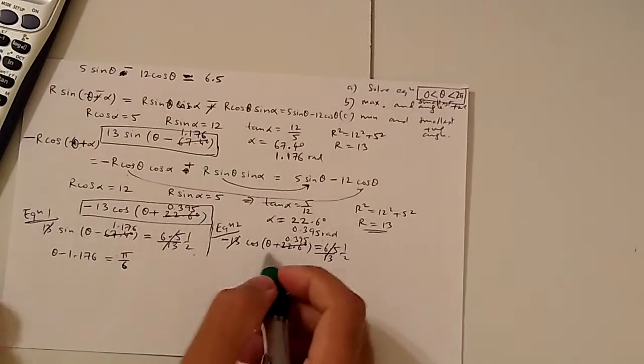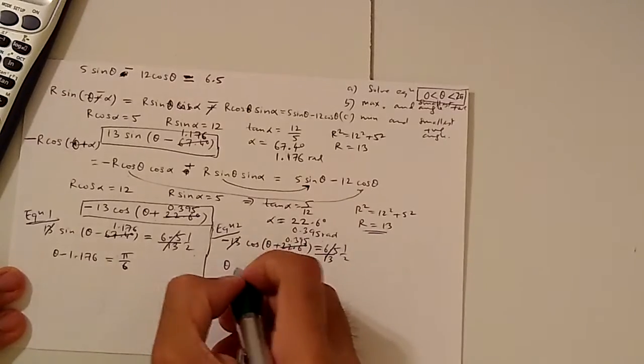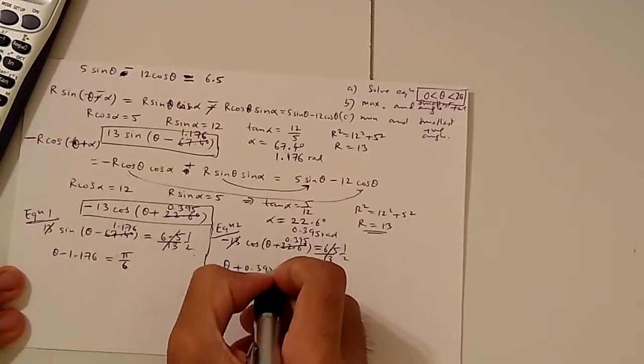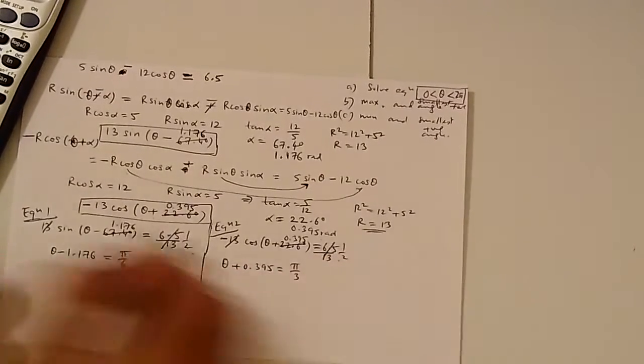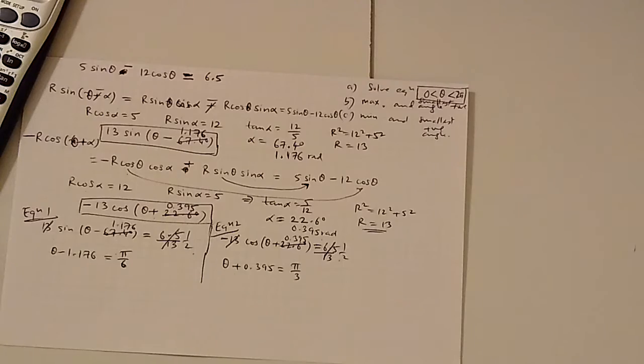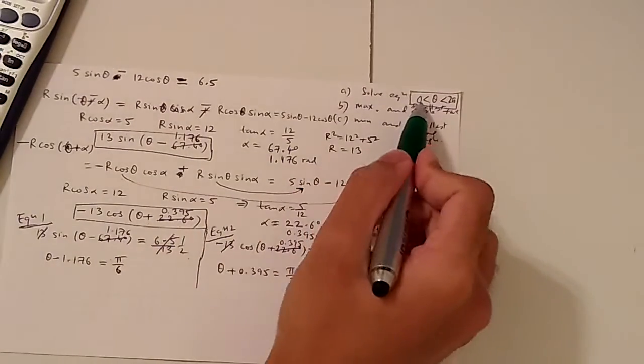Cos inverse of half is going to be 60 degrees, which is pi by 3 in radians. Now here we do need to get the other answers, and that depends on the range.